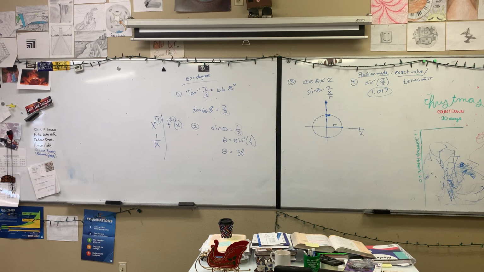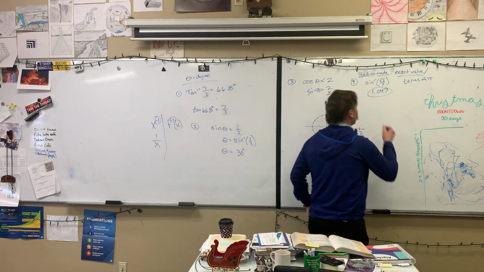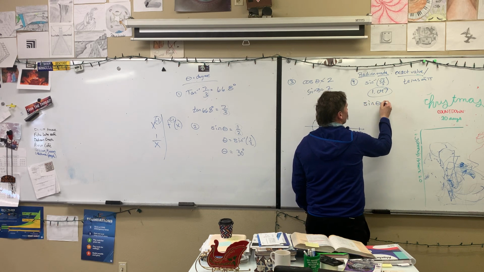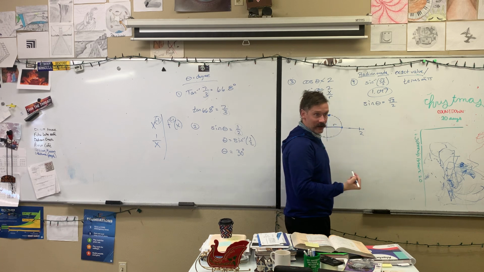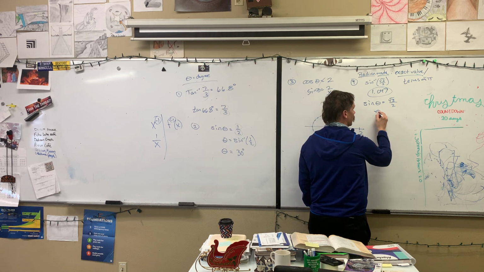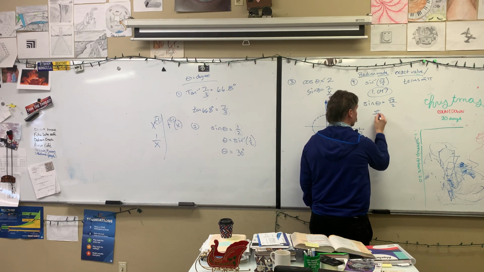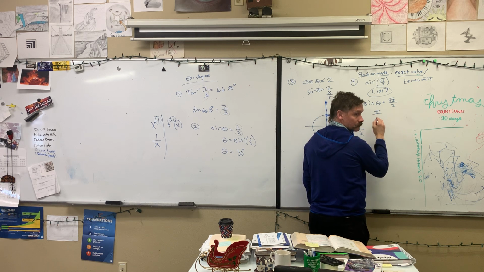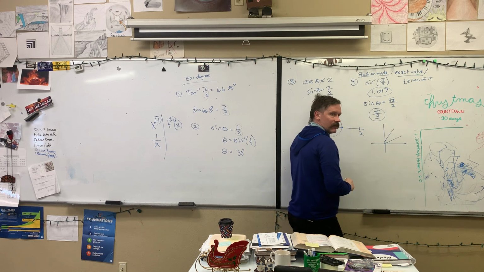So what you're really asking is where sine theta is equal to root 3 over 2, not in degree mode, but in radian mode. In terms of pi, it would be pi over 3. Why 3? Because it's 60 degrees: 1 pi over 6, 2 pi over 6, which is pi over 3.